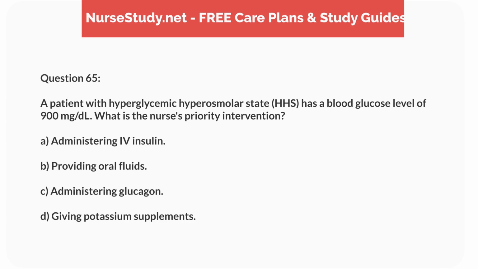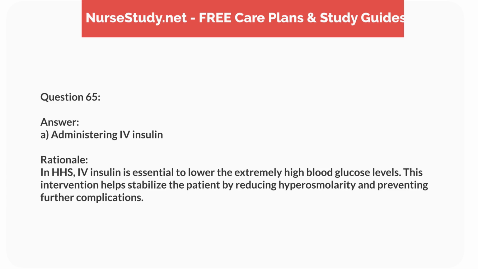D. Giving potassium supplements. Answer: A. Administering IV insulin. Rationale: in HHS, IV insulin is essential to lower the extremely high blood glucose levels. This intervention helps stabilize the patient by reducing hyperosmolarity and preventing further complications.